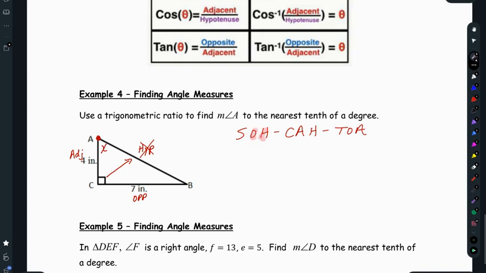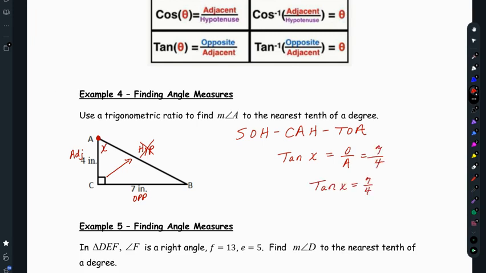Sine uses O and H, cosine uses A and H, and tangent uses O and A. Well, I have O and A, so I'm going to be using tangent. So I know that the tangent of X is equal to O over A. In this case, that's 7 over 4.